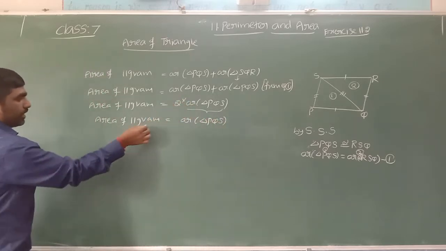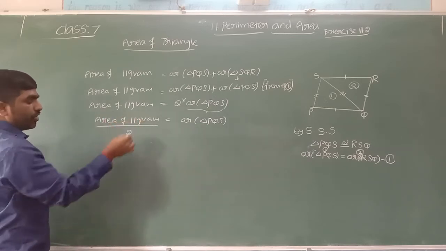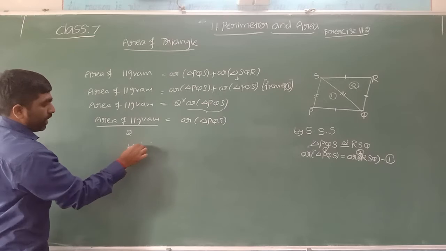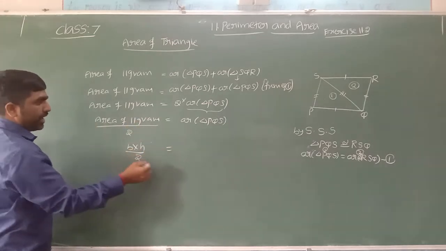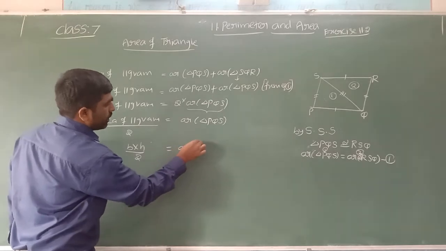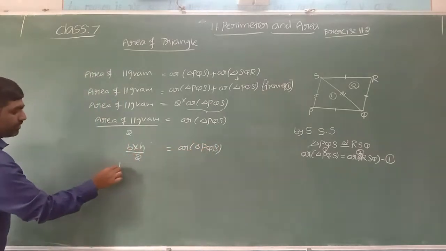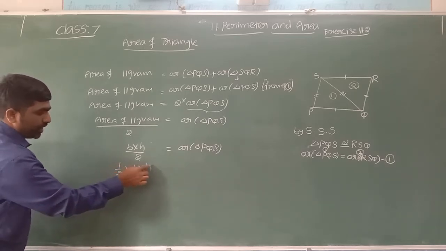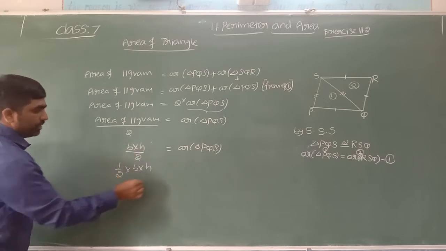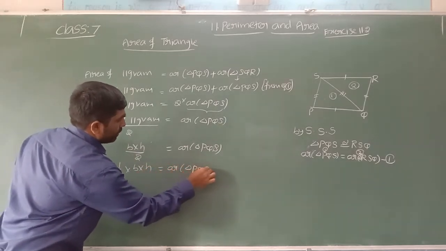Already we know the formula of area of parallelogram is base into height. So base into height by 2, that is half into base into height, is equal to area of triangle PQS.